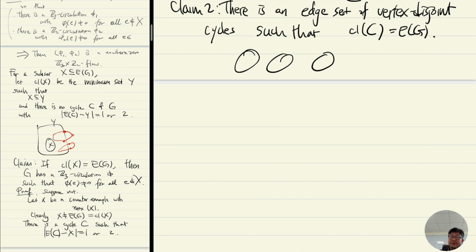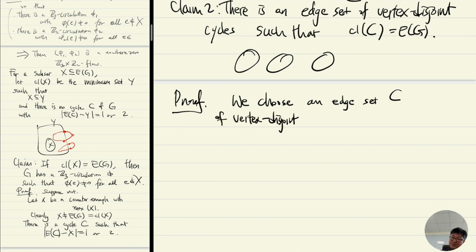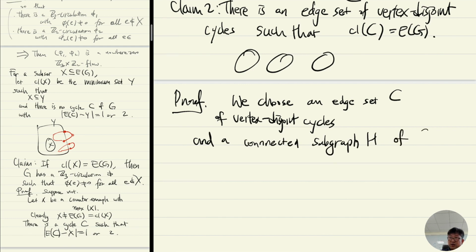so how do we prove that? Proof. Yeah, so we choose an edge set C of vertex disjoint cycles and a connected subgraph H of G with the set of edges of H in the closure of the cycles, such that, right?